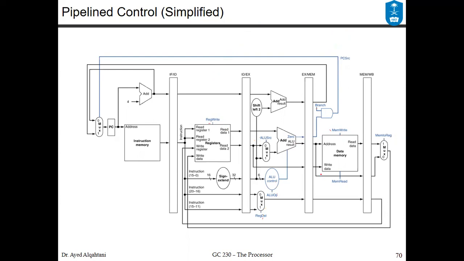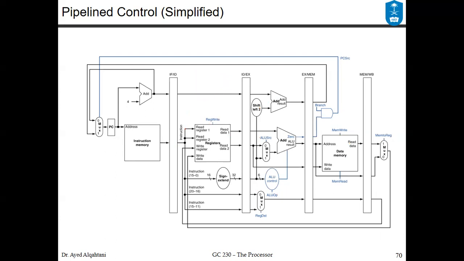So what happens is you fetch the instruction and it is saved in this pipeline register. From here, you can feed it to a control unit, and the control unit will give you all these controls.